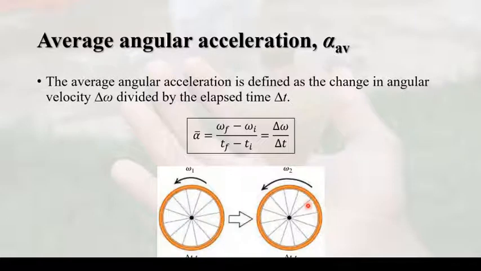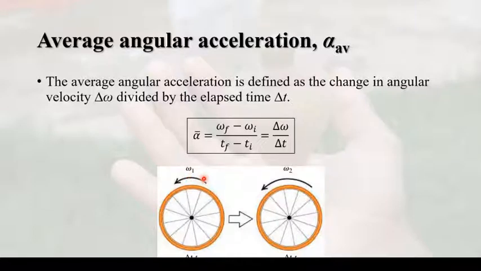Then it increases its angular velocity to omega 2, so omega 2 is larger than omega 1. Therefore, to calculate average angular acceleration, you use final minus initial because you have two different angular velocities at two different times.